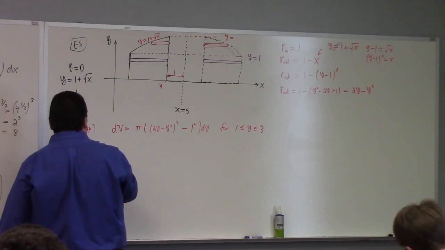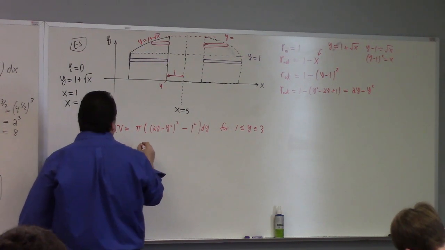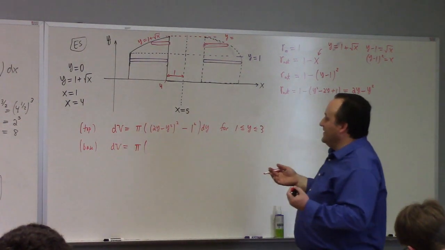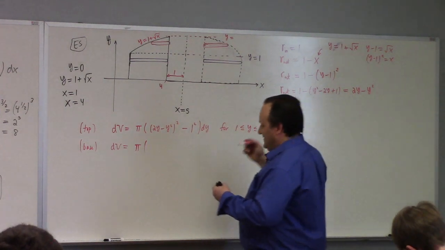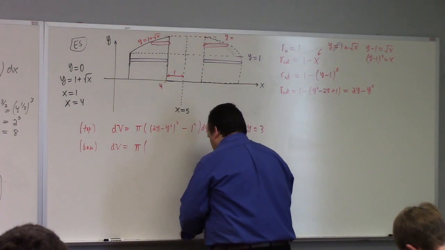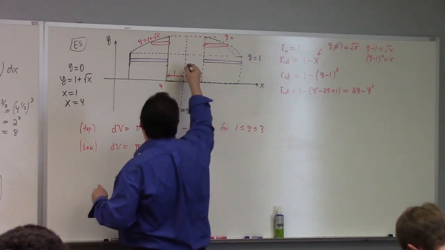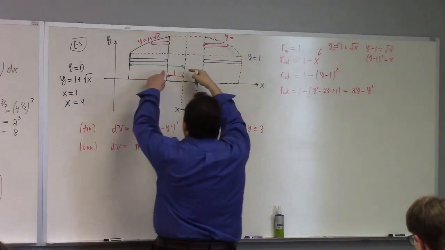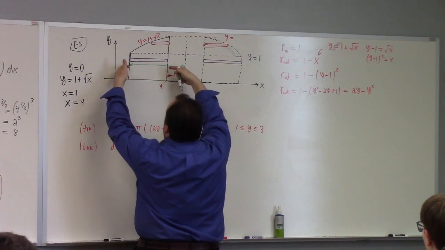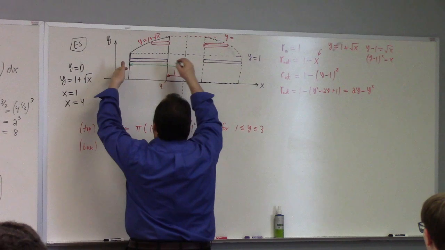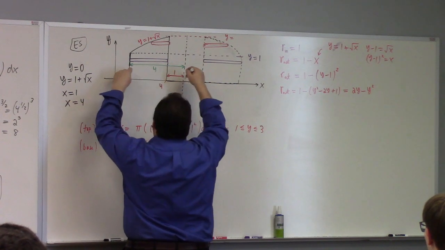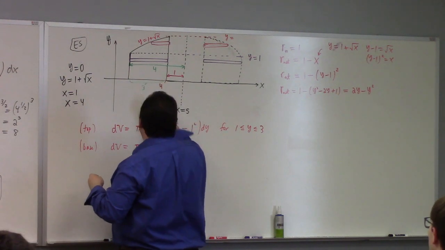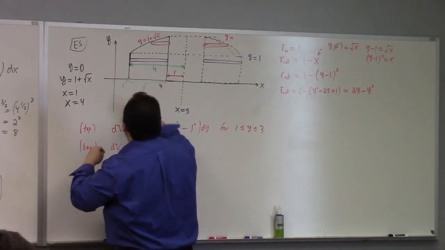But the base, what we have, dV is what? This is actually much easier. So the outer radius is what? So part of the reason I didn't give up on this and go to shells is because this part is actually so stupidly easy it's worth talking about. So 1, how far is this? 3. So 1 plus 3. This is a total of 4, right? Because you're going from 1 to 4.